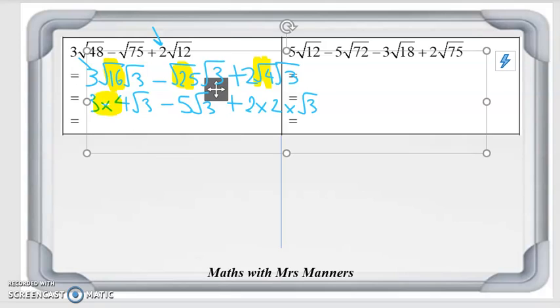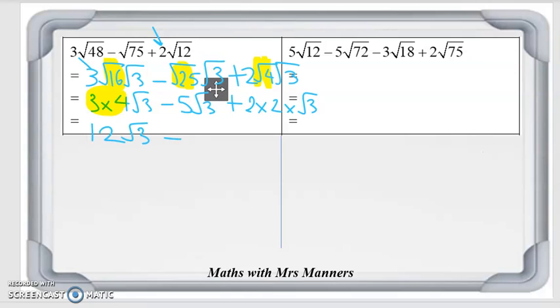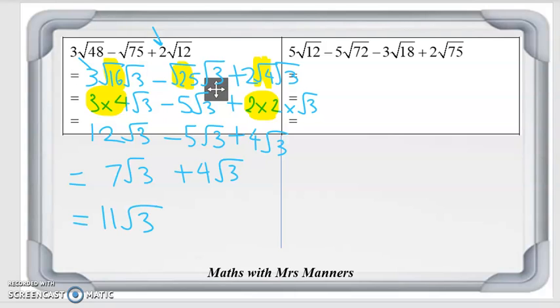When I'm combining these, if I have numbers at the front, they are joined by multiplication, so I need to multiply them. 3 times 4 is 12, so I've got 12 root 3 minus 5 root 3, and here we've got 2 times 2 is 4 root 3, and now I've got all like surds. 12 root 3 minus 5 root 3 is 7 root 3, plus another 4 root 3 gives me 11 root 3. It's quite long, but if you go step by step, you should be fine, okay?